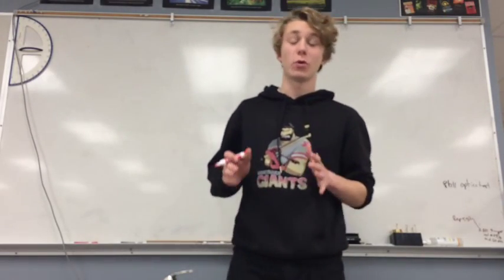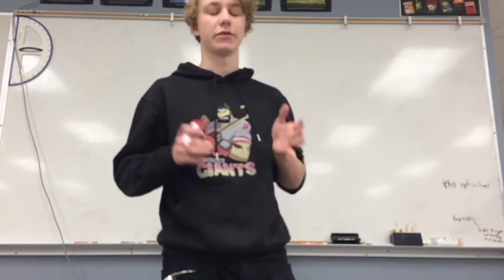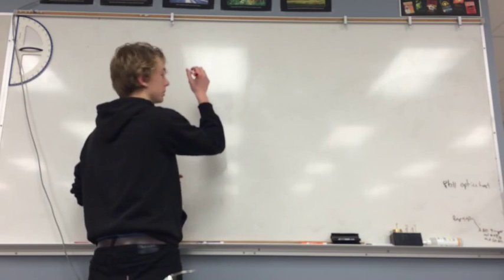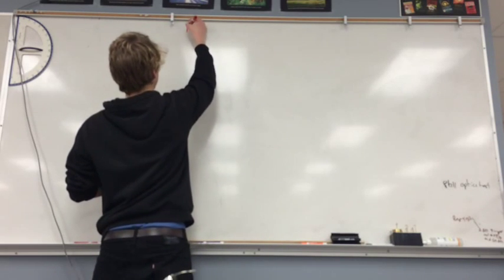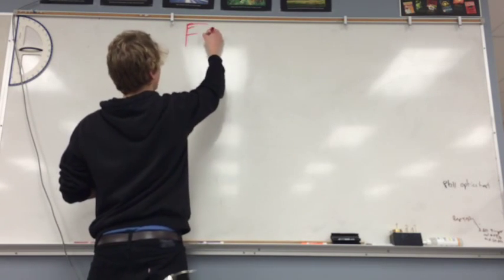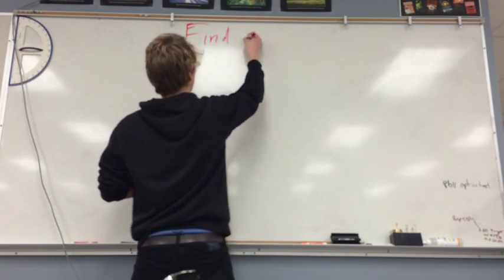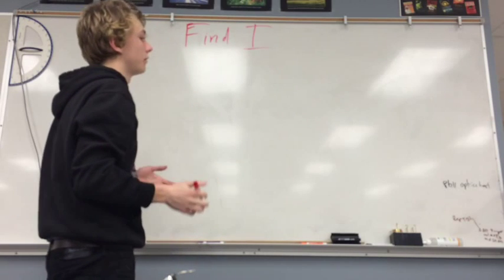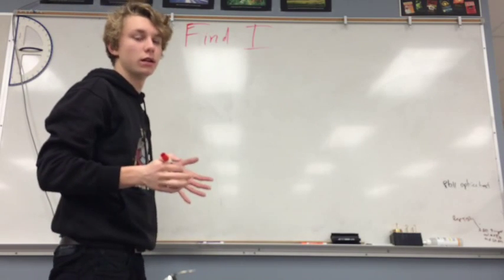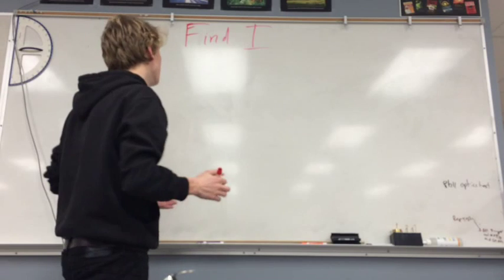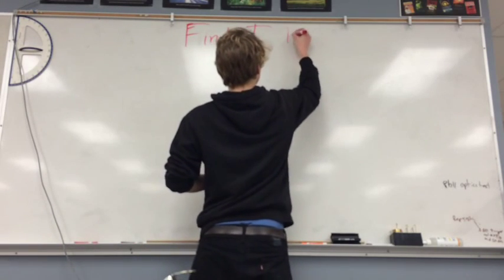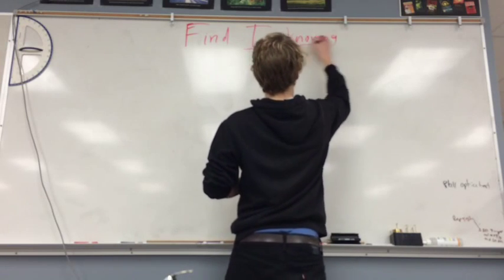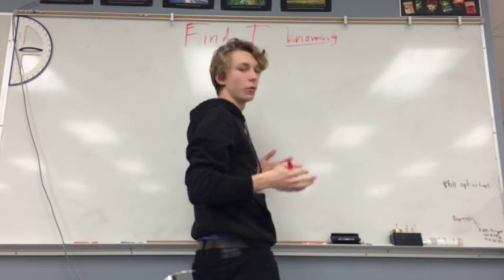Okay, so the goal of our lab, as we've said, is to find I. Start and write this up here. Make it big. Find I. So we're going to start off with what we know. What we knew going into this: we knew the height that the weight had to fall.